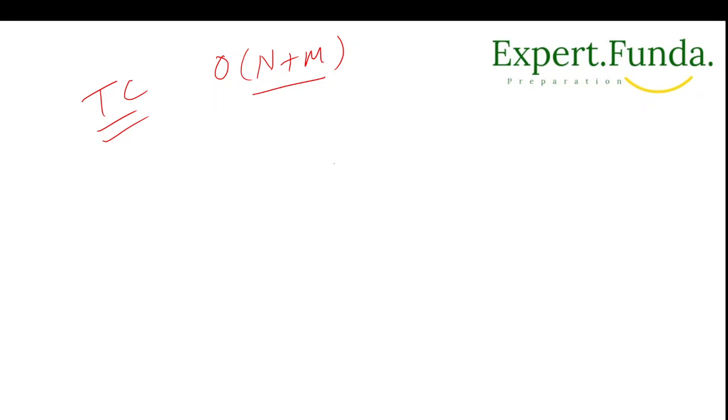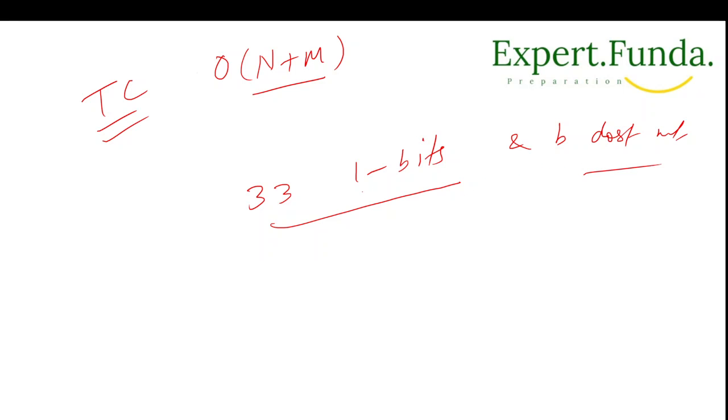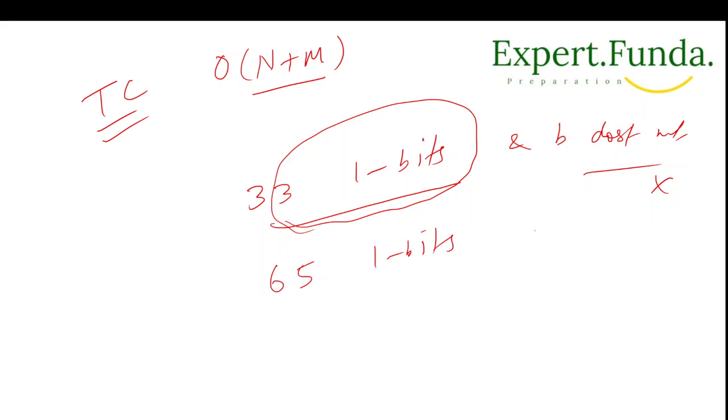Let's suppose we have 33 1 bits, and b doesn't fit into integer. If we take 65 1 bits, b doesn't fit again for long, right?